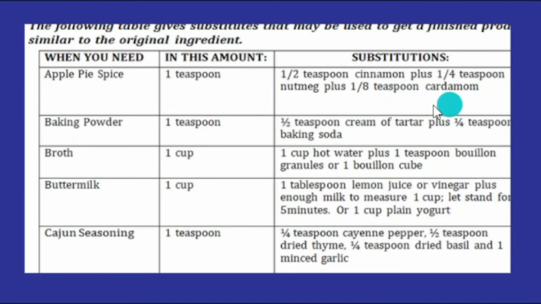This is the substitution for apple spice. Take note, you must be mindful about the measurement: 1/2 teaspoon, 1/4 teaspoon, 1/8 teaspoon for 1 teaspoon of apple spice.